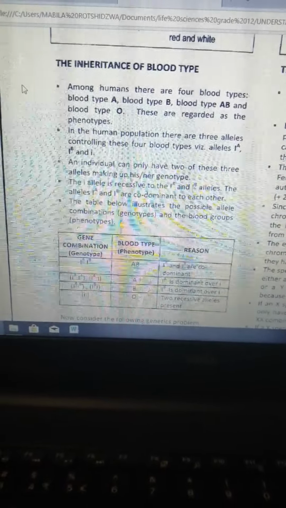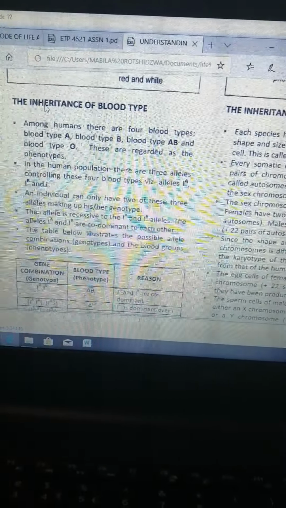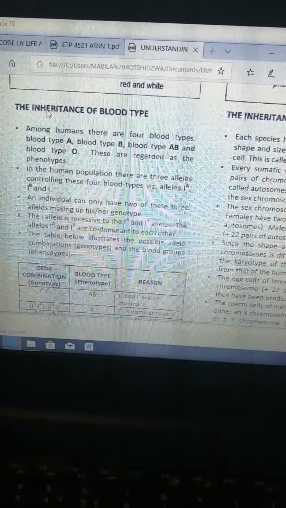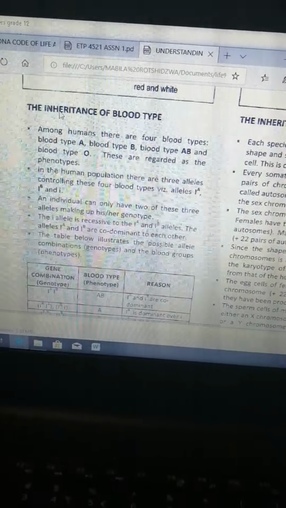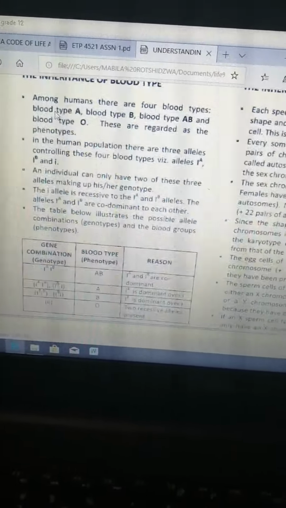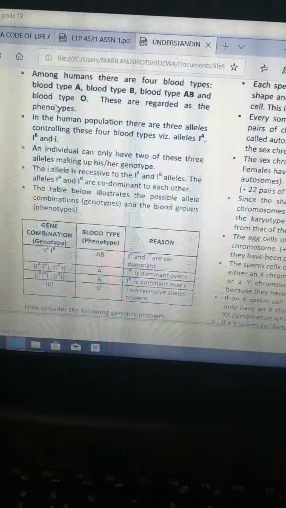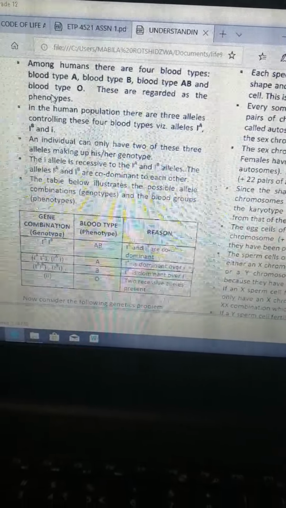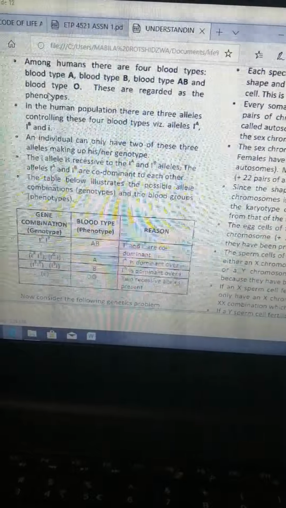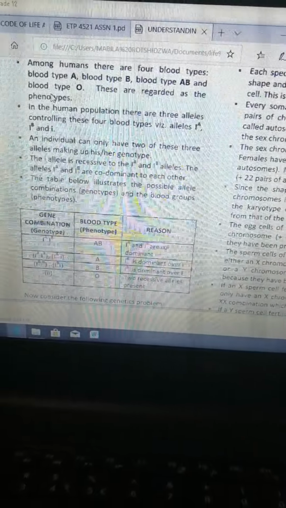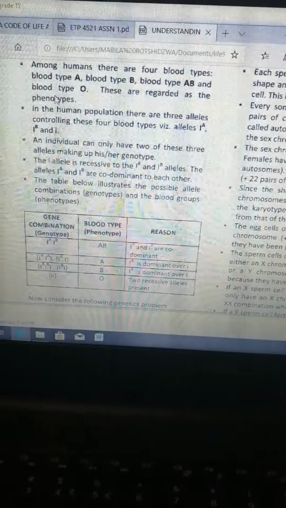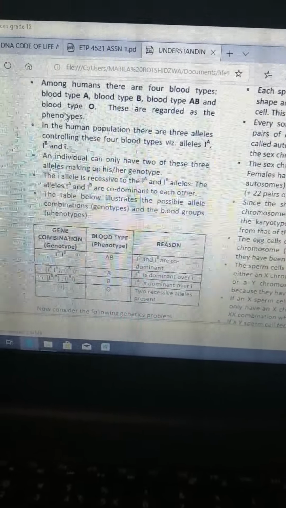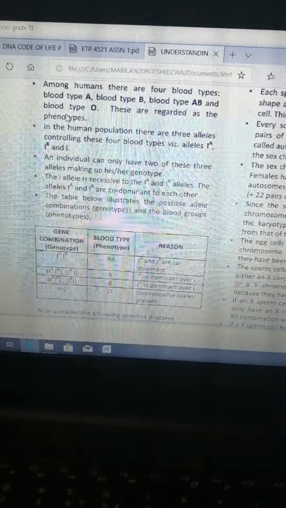Then the second blood type, B, has its own allele, and the allele for blood type B is I to the power capital letter B. This shows that this allele is also dominant, ne?